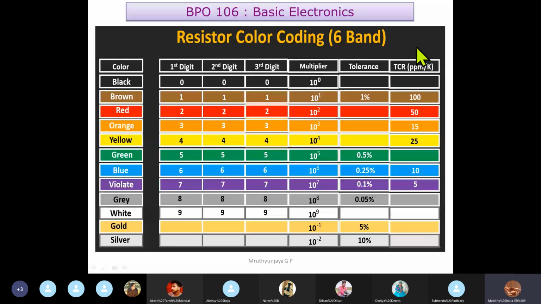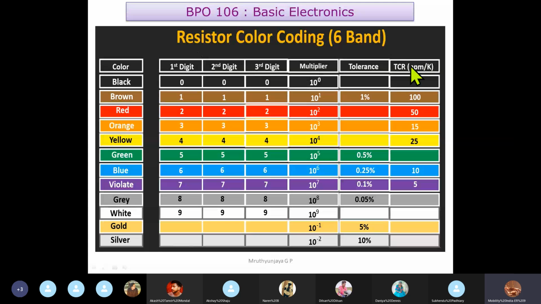They should not change their resistance values with temperature. So in such places we will be using very highly stable resistors against temperature, and such resistors will have 6 bands. The 6th band will indicate the value of the temperature coefficient of resistance. TCR stands for temperature coefficient of resistance.